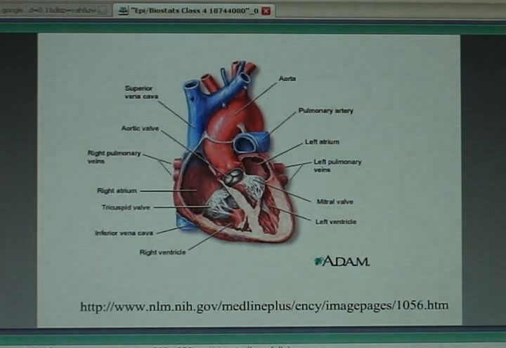So on the right-hand side, we have the one chamber known as the right atrium, another one known as the right ventricle.